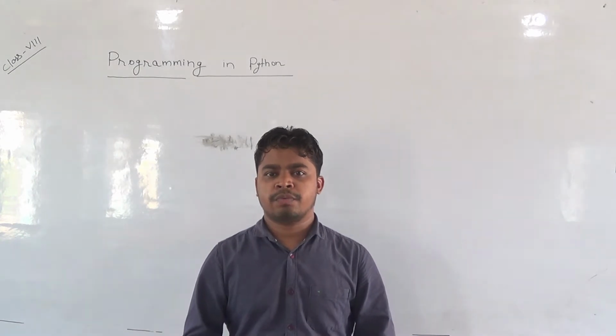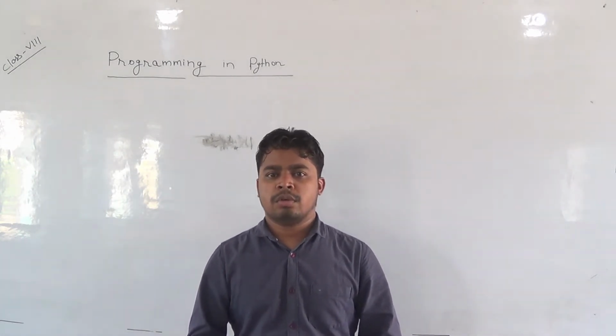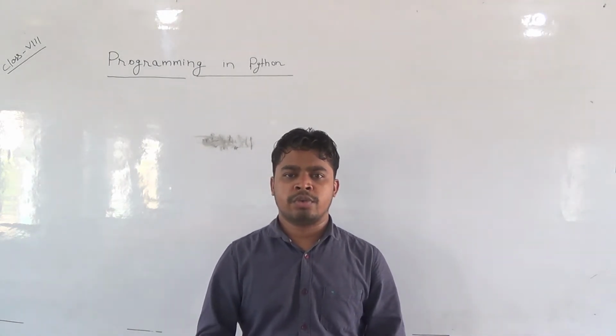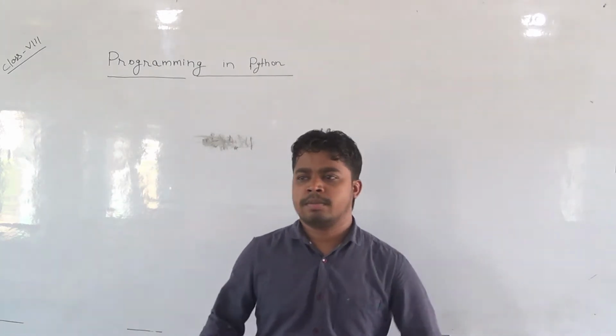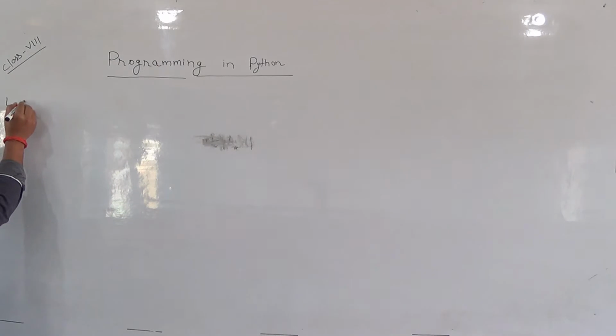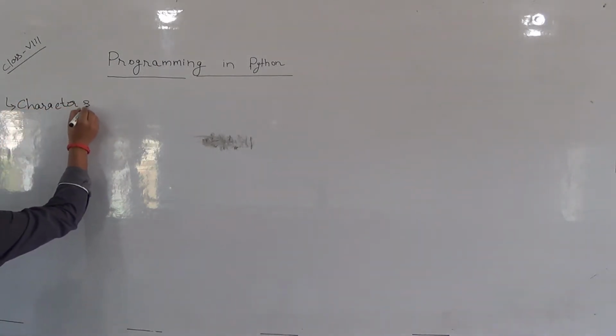In the last video, we had seen how to write a program in Python. So in this video, we will cover the further topics of the chapter. Today, I am going to discuss three topics. First one is character set.